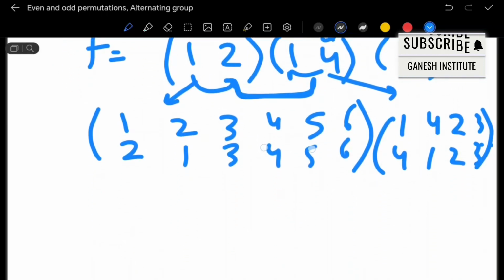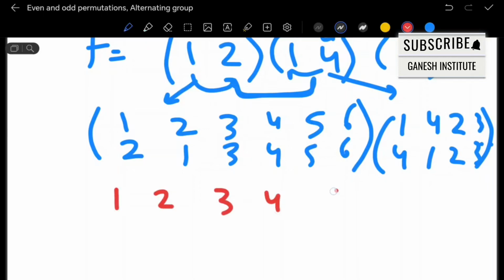Now tell me what the product will look like. I'm writing firstly 1, 2, 3, 4, 5, 6. So 6 is definitely going to connect with 6 only, because that was the initial permutation.